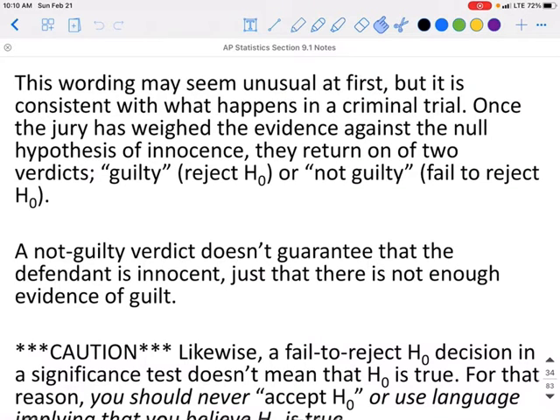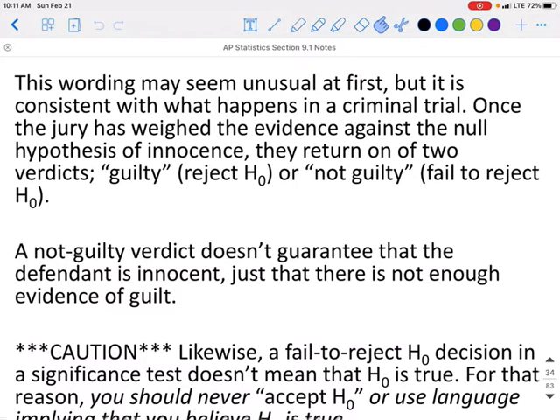This wording may seem unusual at first, but it is consistent with what happens at a criminal trial. Once the jury has weighed the evidence against the null hypothesis of innocence, they return two verdicts: guilty, or not guilty, which is when they fail to reject. They don't say they're innocent, they say that they're not guilty.